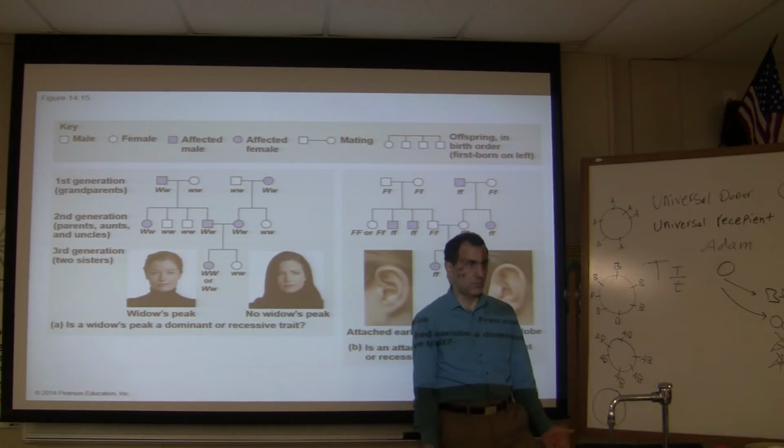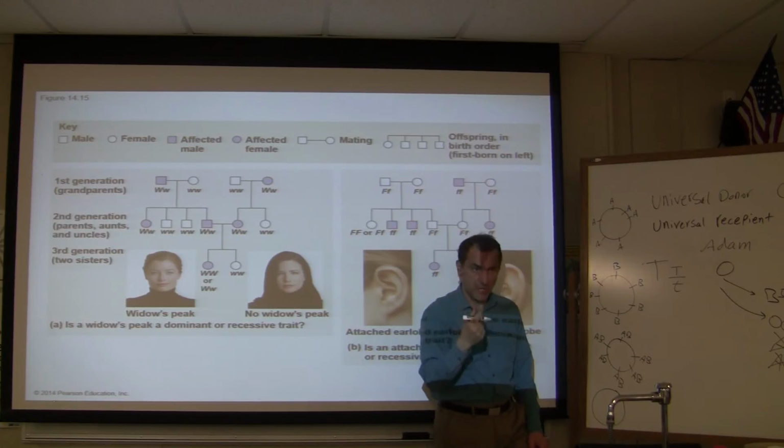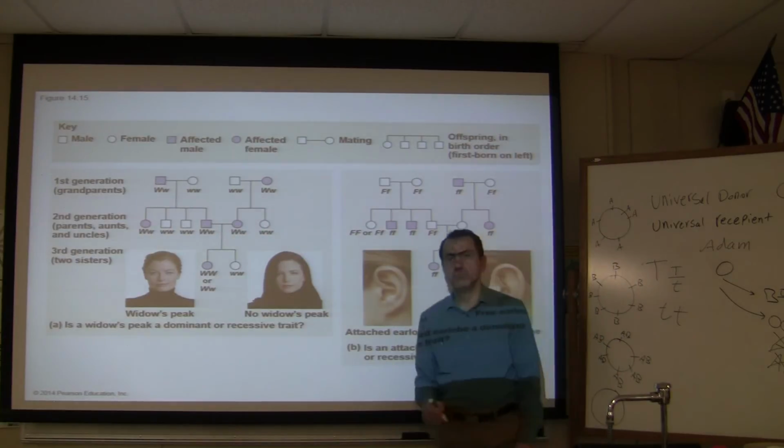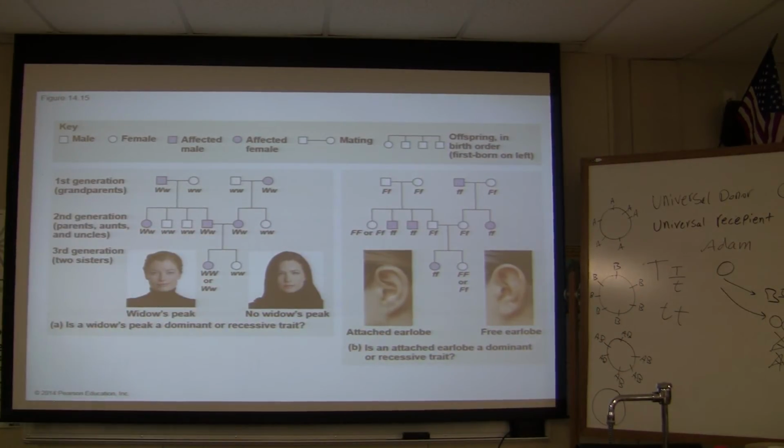But those of you in here who cannot roll your tongue, you are for sure small t small t, right? Am I making some sense? You're homozygous recessive. I don't know if I'm homozygous dominant or heterozygous dominant. Are those terms making some sense? Reno, are they making some sense?